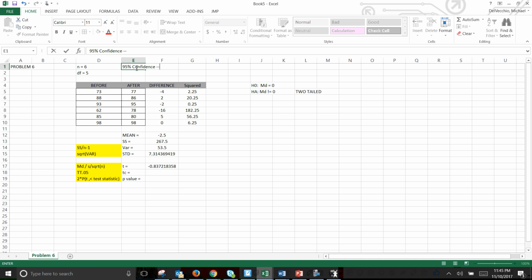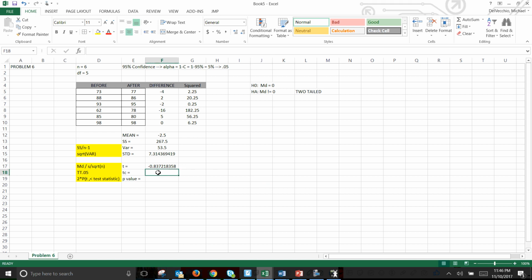Which means the level alpha, or level of significance, is 1 minus the level of confidence, which equals 1 minus 95%, which equals 5%. So as far as alpha goes, this is 0.05 level of significance. Okay. So you can look this up on the t-table, and we will take a look at that.